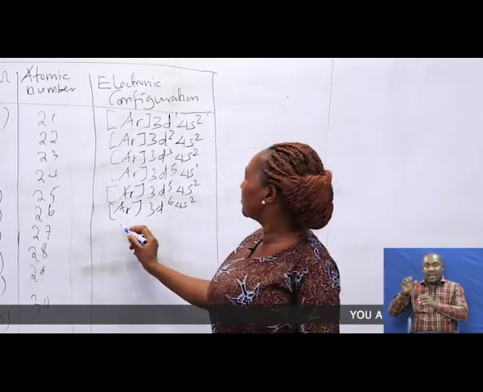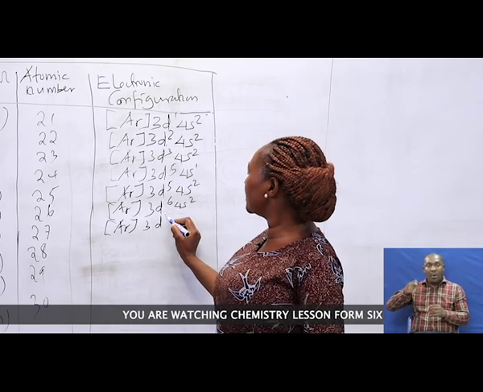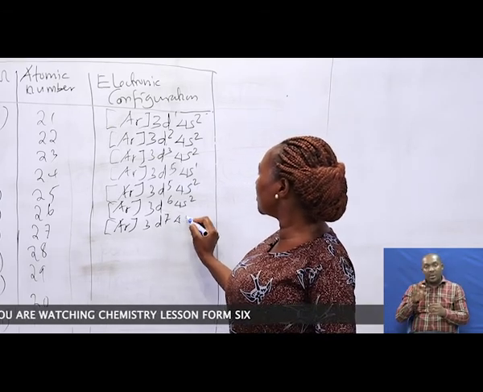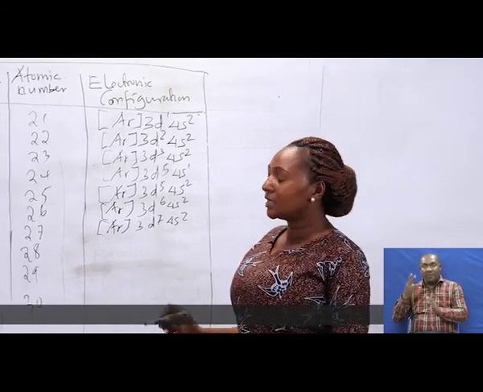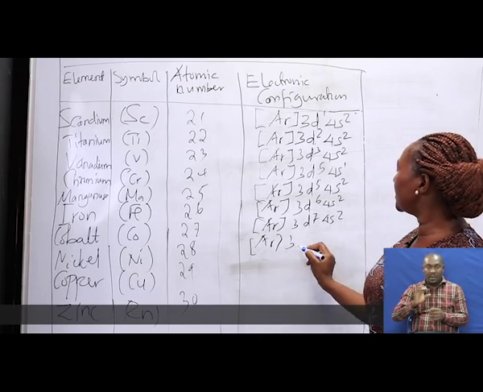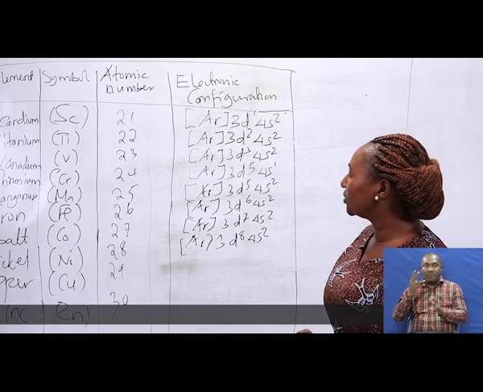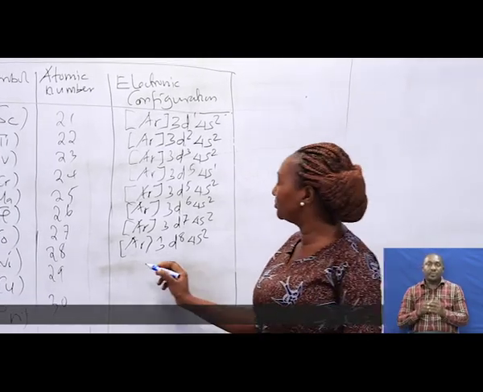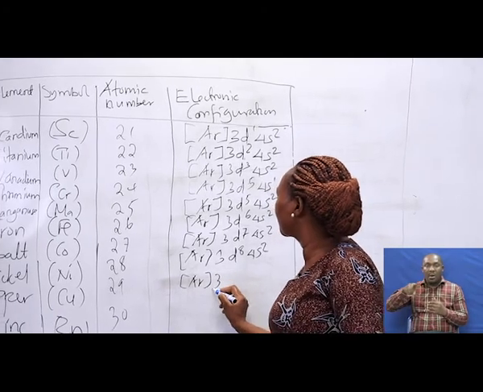Cobalt, argon 3d7 4s2. Nickel, argon 3d8 4s2. Then for copper, it is argon 3d.